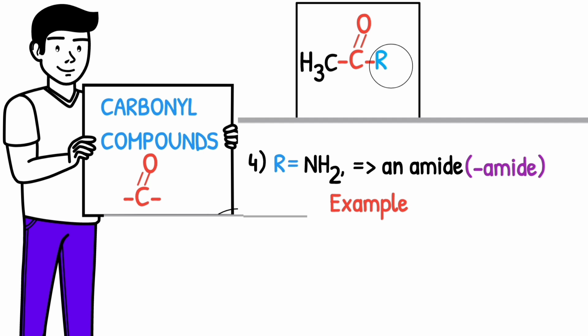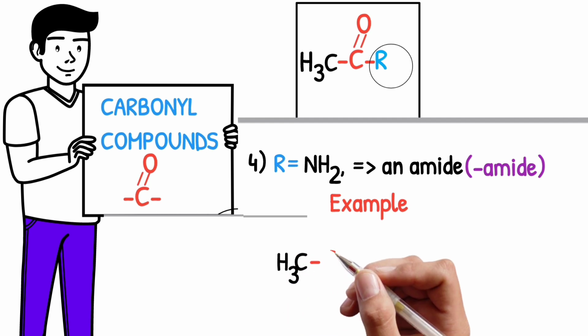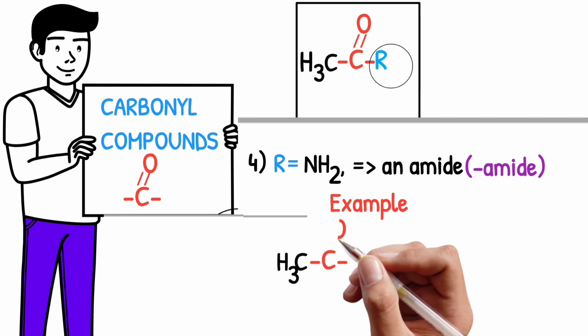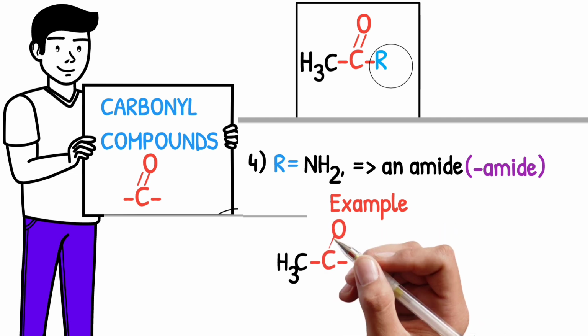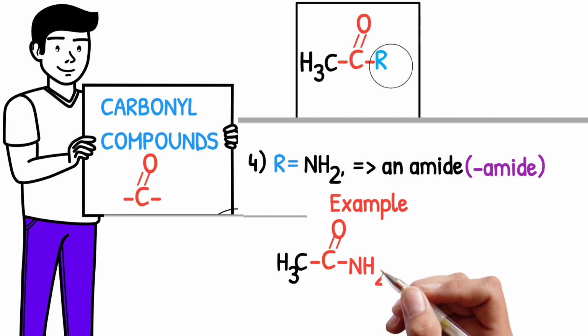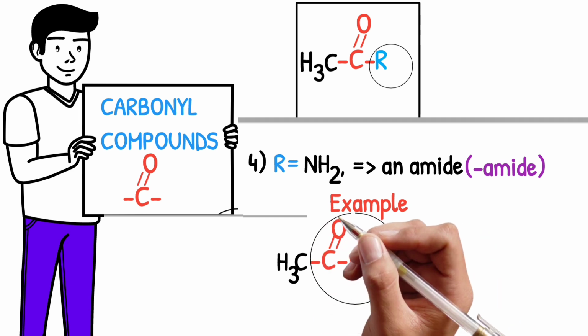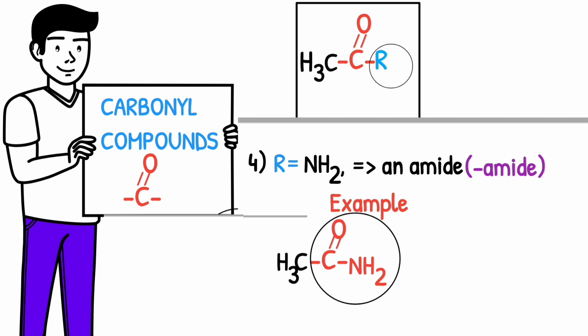Let's look at an example. This is our example for the amide, replacing our R in our box formula with NH2. This is what we have.